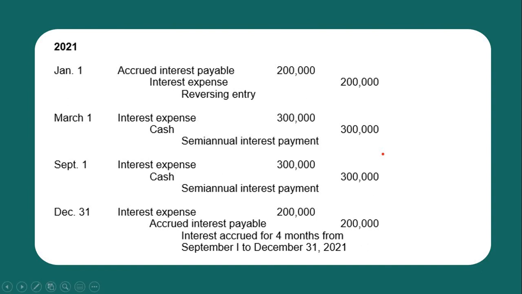Still the same: the amount reported as interest expense as of March is 100,000.